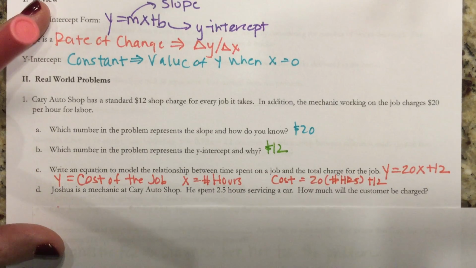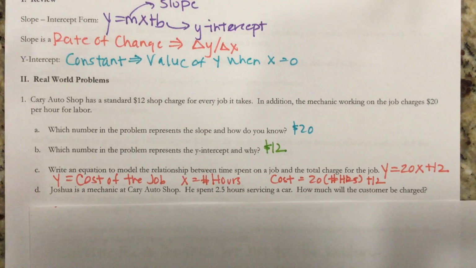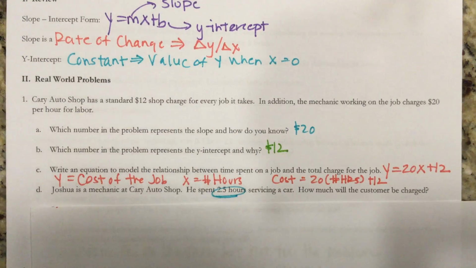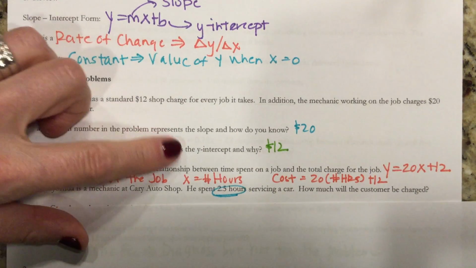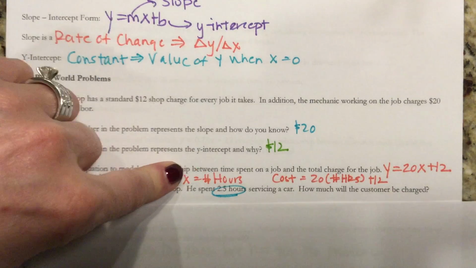Part D says that Joshua is a mechanic at the Carrie Auto Shop. He spent 2.5 hours servicing a car. How much will the customer be charged for this job that Joshua did? In this case, we were told the number of hours that Joshua worked on the car. Remember that x represents the number of hours.